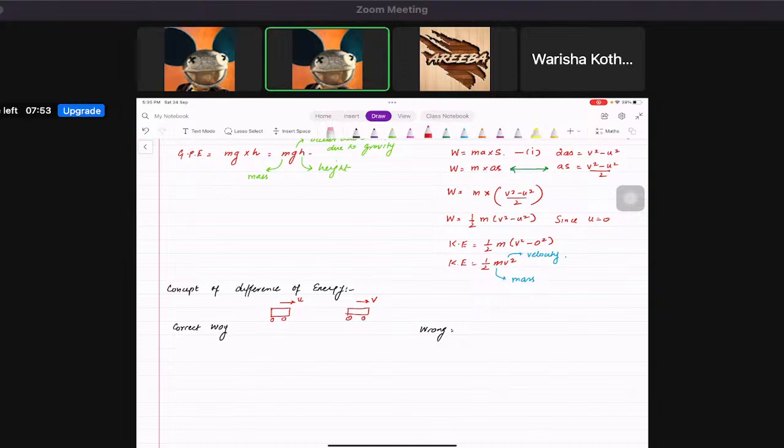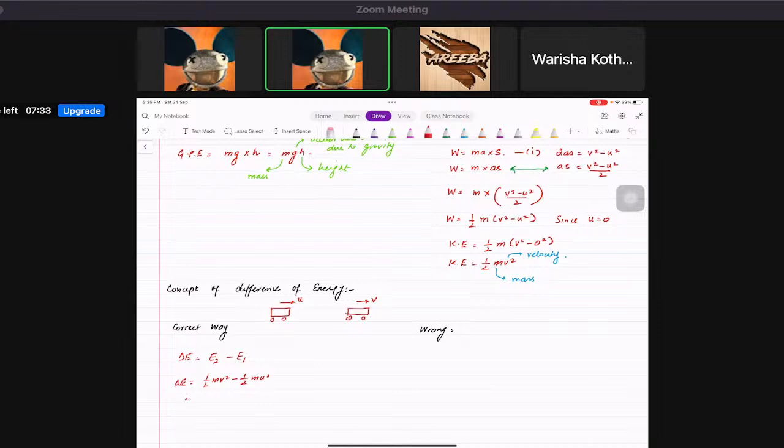So the correct way is that you always find the larger energy minus the smaller energy, that would give you the change. So when you do that, you get half mv square minus half mu square.